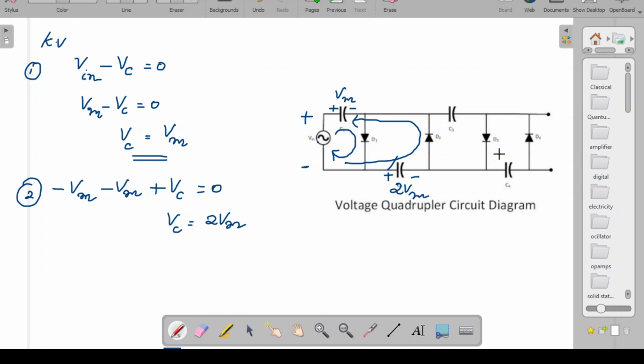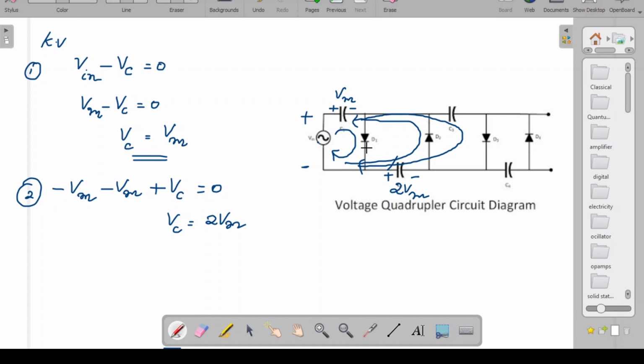So this D3 will get charged. Now this D3 will be open during this time. So in this half cycle, when D3 is open, the current is flowing through this loop, in this direction, in this wider loop.